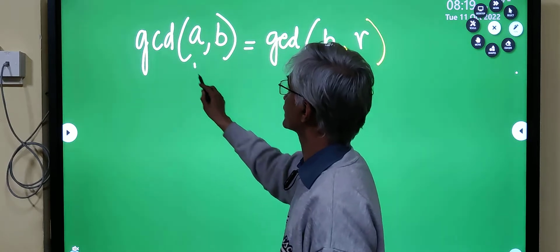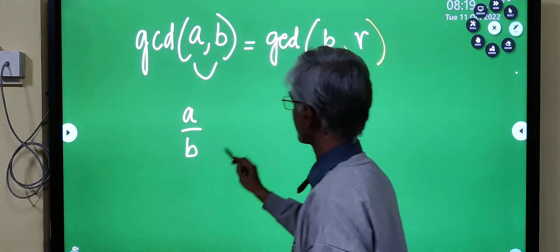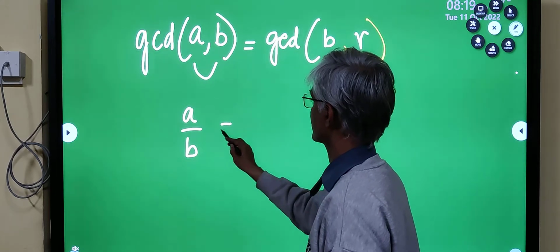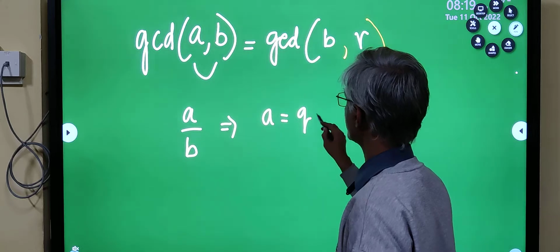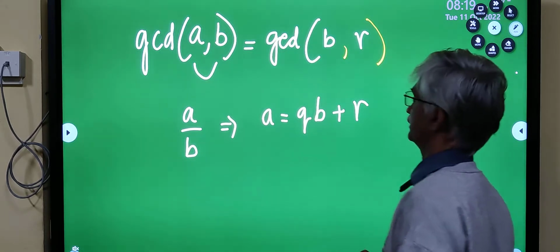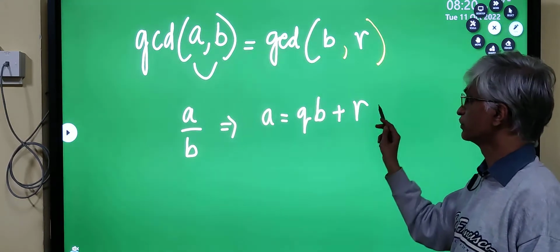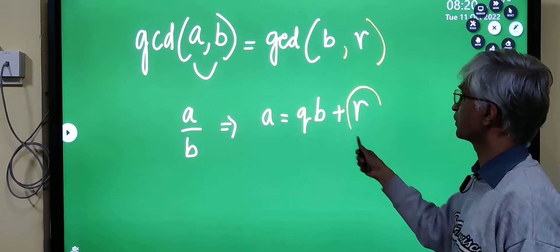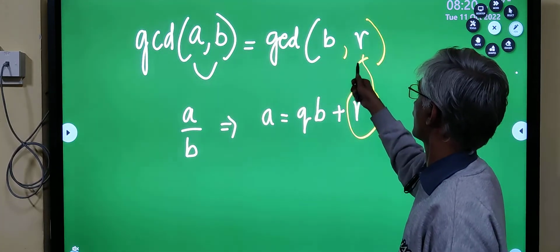What you have to do is you divide the bigger number by the smaller number and write it such that A is equal to quotient times the divisor plus the remainder. Now, we're really not interested in Q, we're interested in zeroing in on the remainder, and this is what is R.